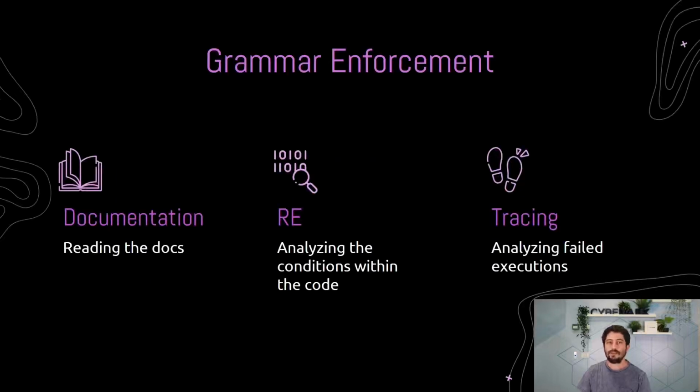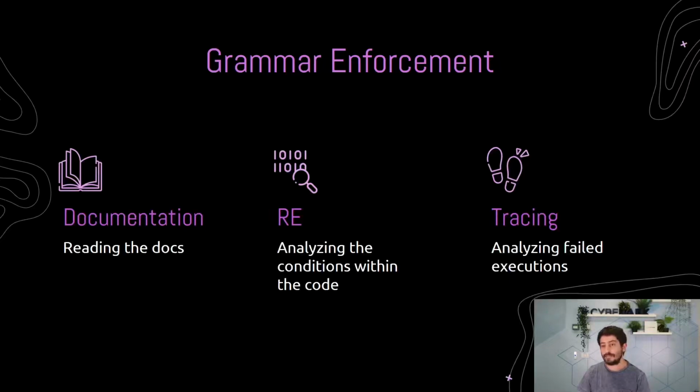Additionally, as I said, we've used grammar enforcement. So basically, we enforce some size limitation of the messages, some of the values, the divisibility of the size, and so forth. And one question was, how can we find what the grammar should look like? So the first thing we did is read the documentation.